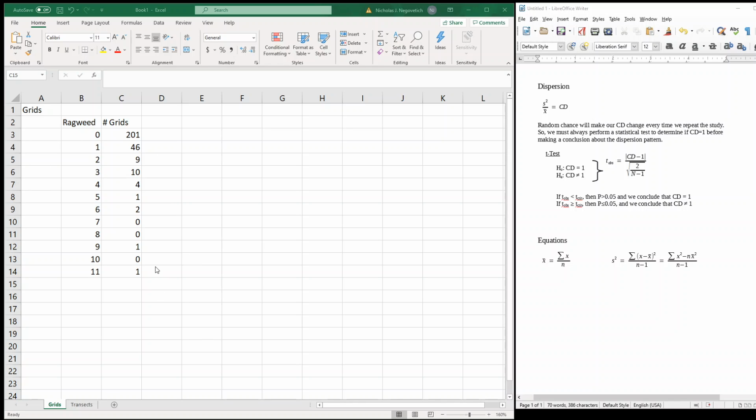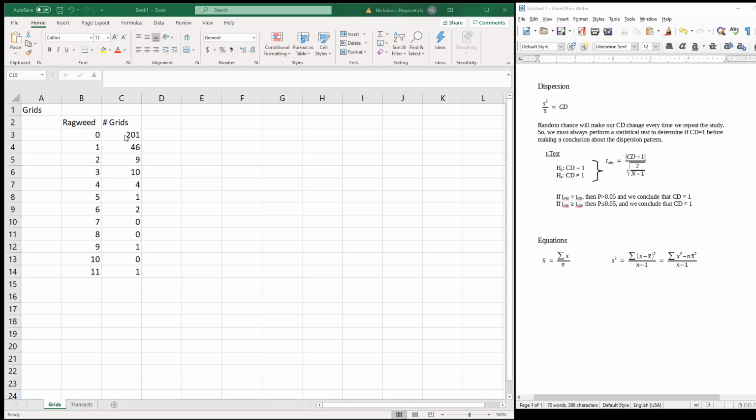So here's a sample data set collected from grids. We recorded how many ragweed were in each of our grids, and then I assembled all of those data and made this frequency table. So we have number of ragweed ranging from 0 ragweed in a grid all the way up to 11 ragweed in a single square.